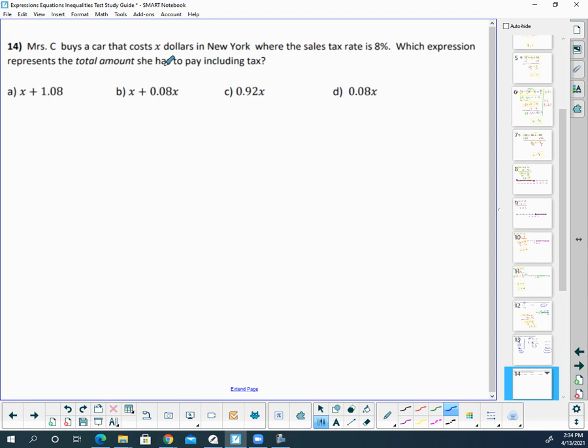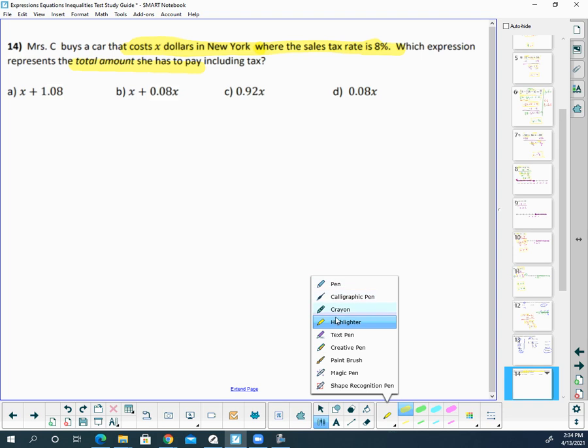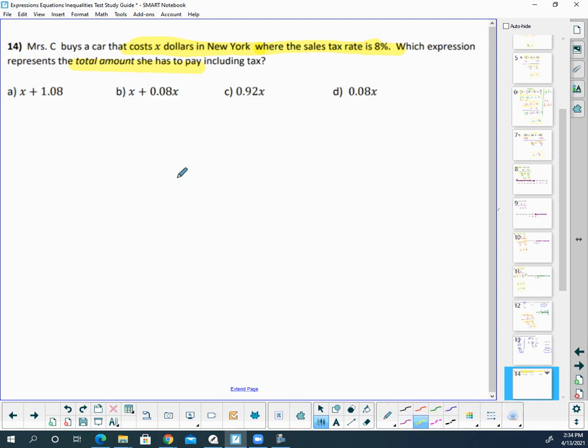Number 14. Mrs. C buys a car that costs X dollars in New York, where the sales tax rate is 8%. Which expression represents the total amount she has to pay, including tax? Well, first of all, she's got to pay X, right?